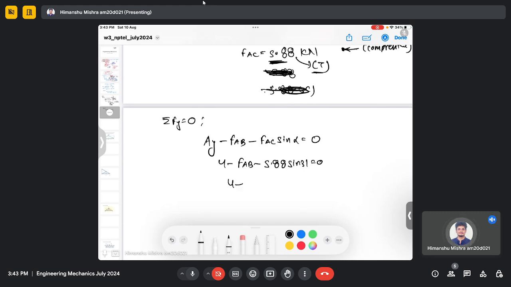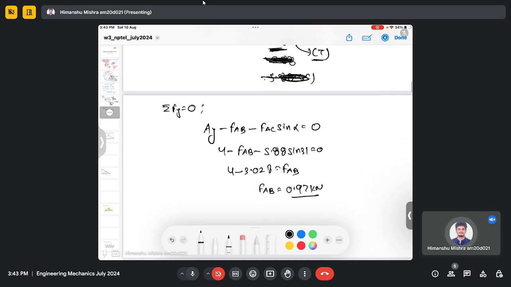So it will be 4 minus 3.028 equals force AB. So force at AB will be 0.97 kilonewton.